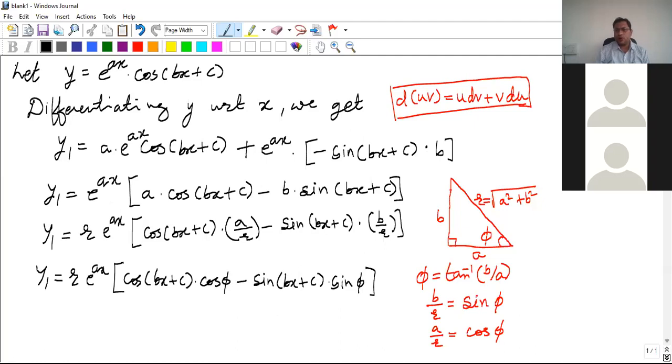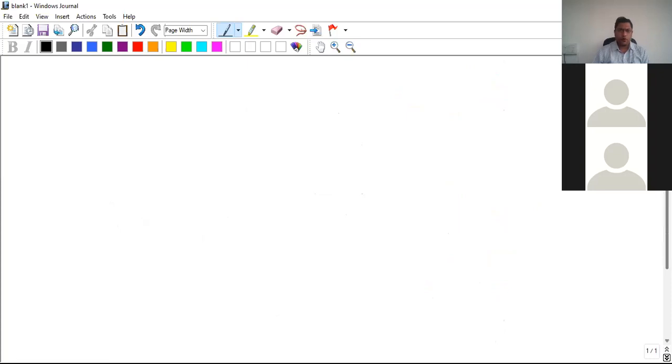What do we know about this formula? Cos of a plus b is cos a cos b minus sine a sine b.